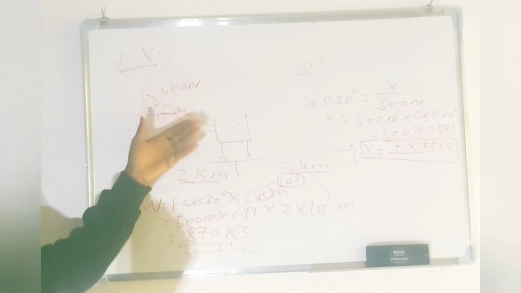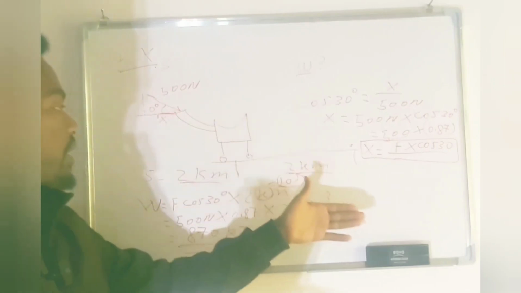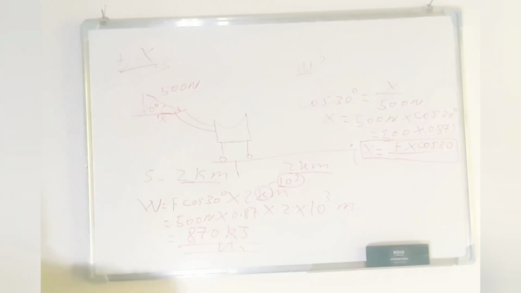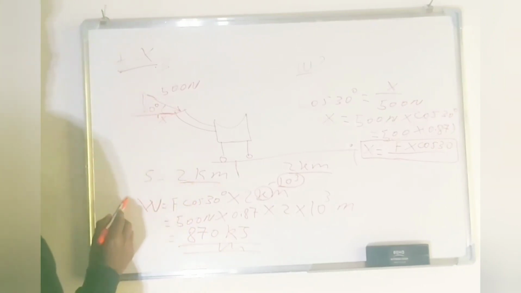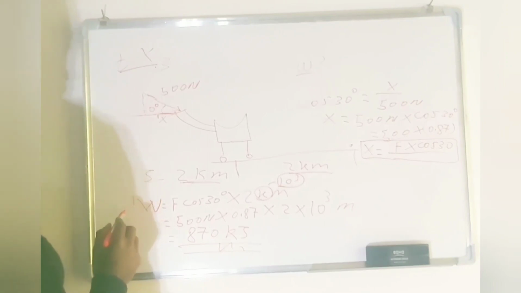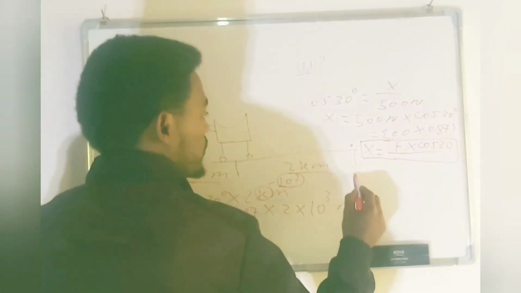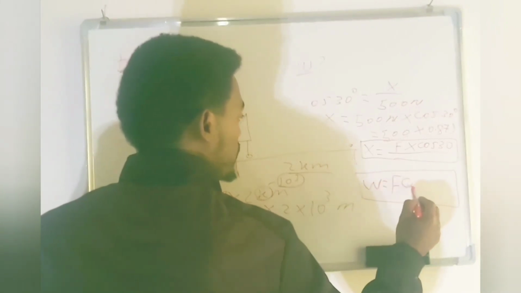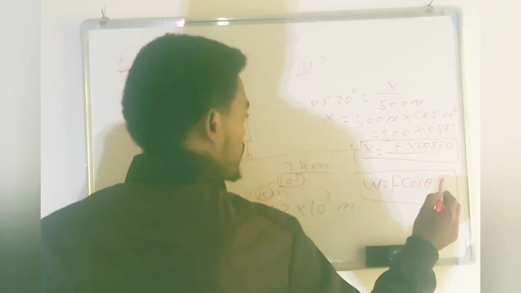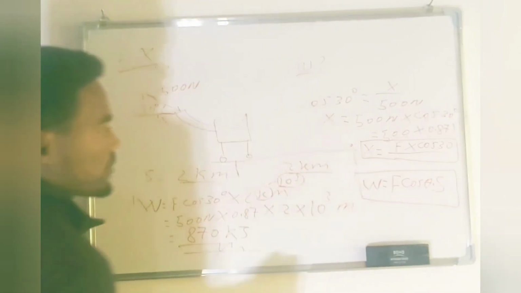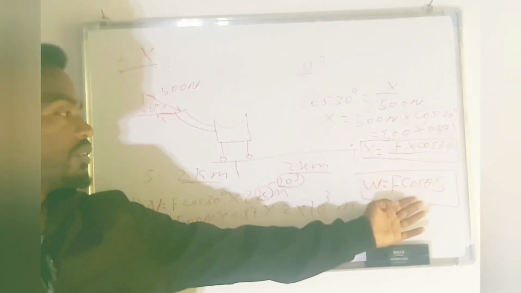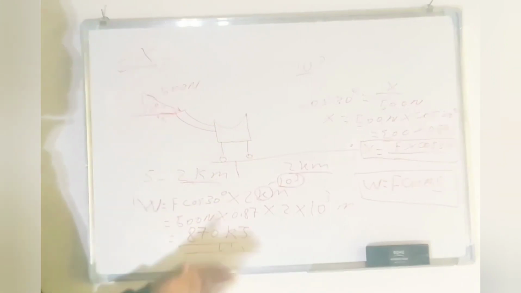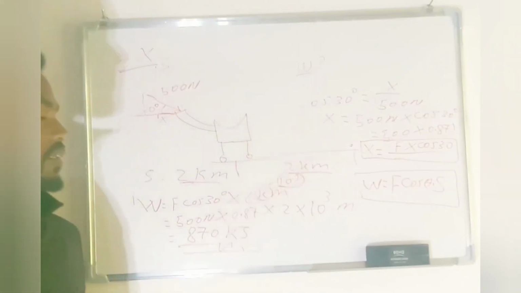Force is acting at an angle on this shopping cart. So finding work done on this shopping cart is by using this formula: work done is equal to force cos theta times the distance. By using this equation, we can find the value of work done, or energy transferred into this shopping cart.